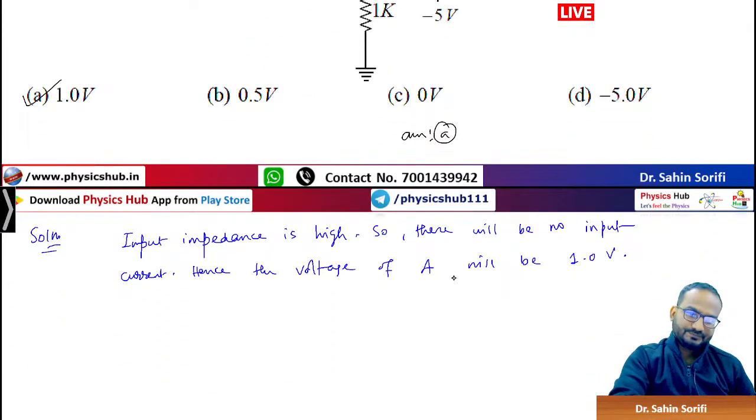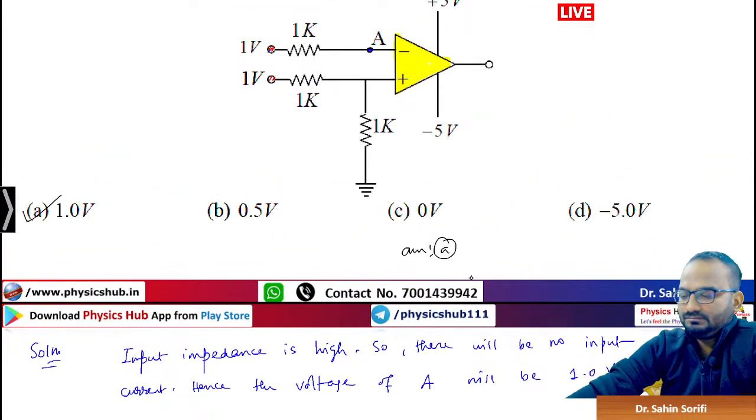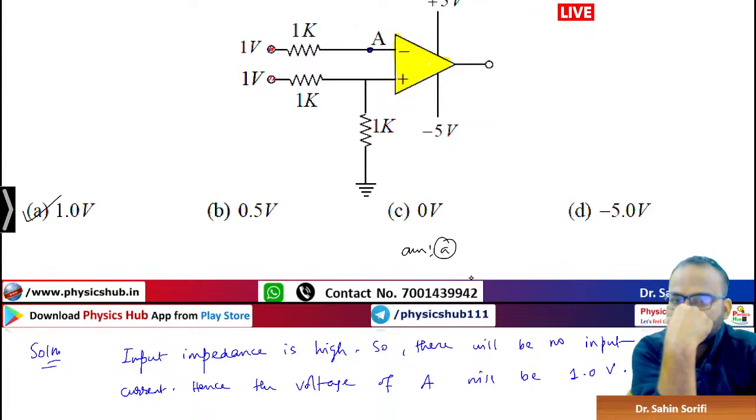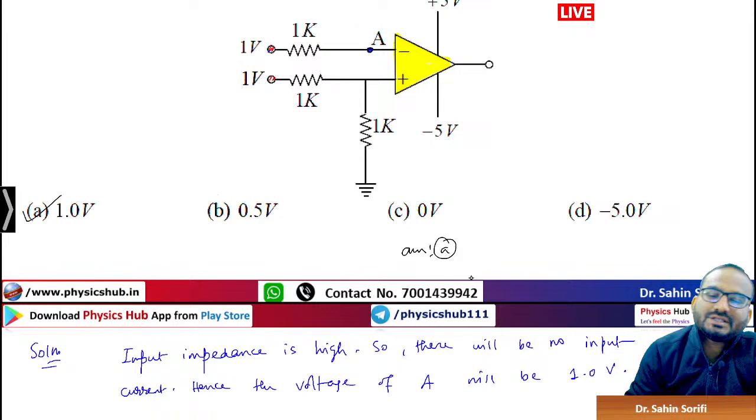Clear? Instead of one resistance, if there are multiple resistors, then also the answer would have been 1 volt.